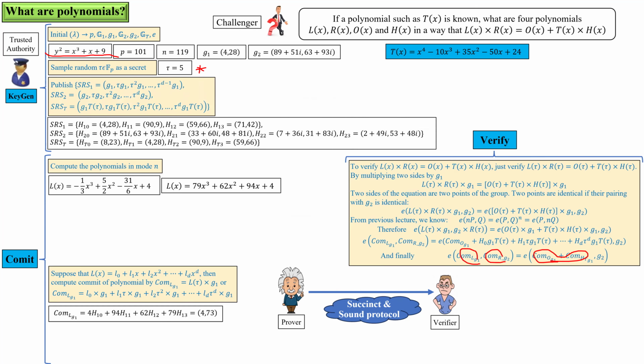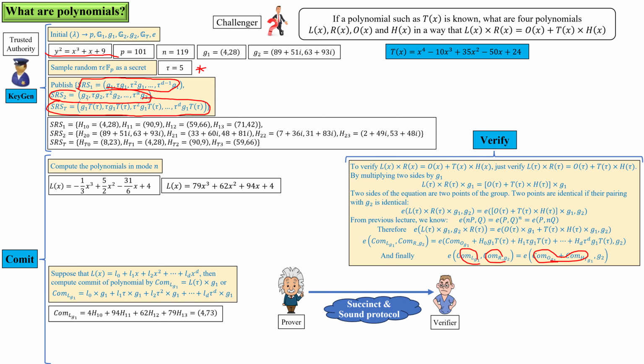Now we say that the trusted authority should generate the SRS. This value was already computed by the trusted authority, right? So other than SRS1, the trusted authority needs to compute SRS2 and also SRST with this formula. These values are needed for the prover to compute the commits of the other polynomials.